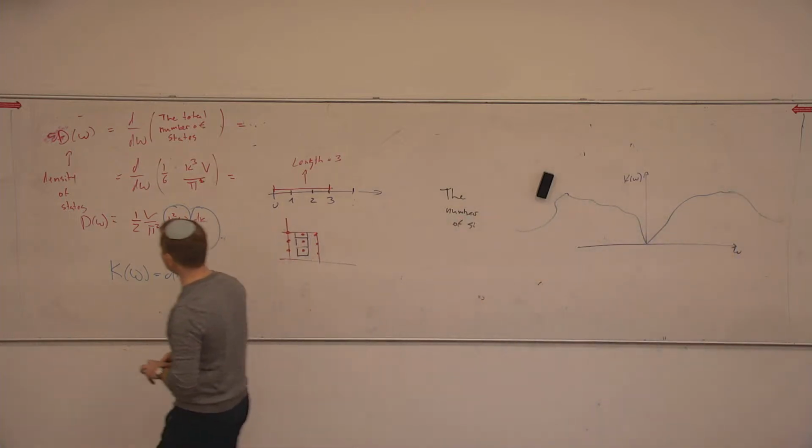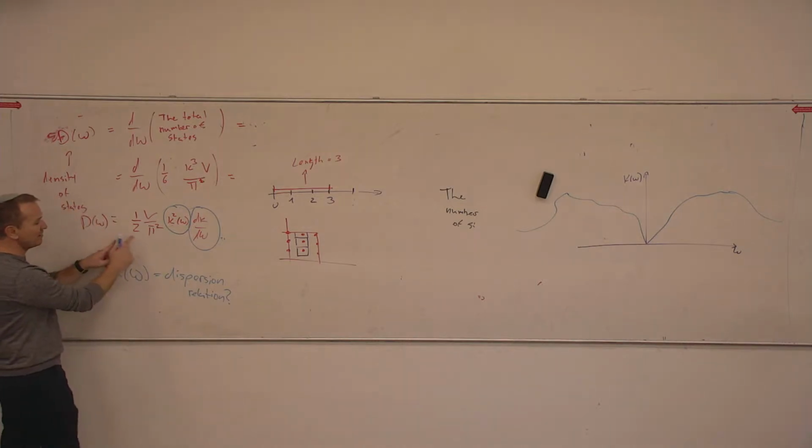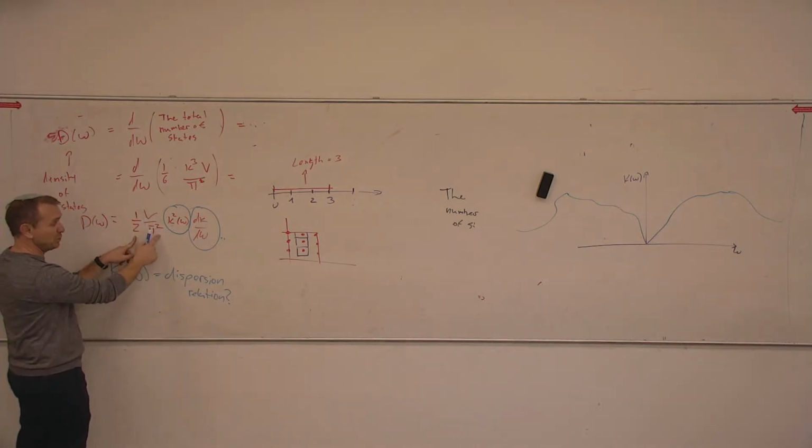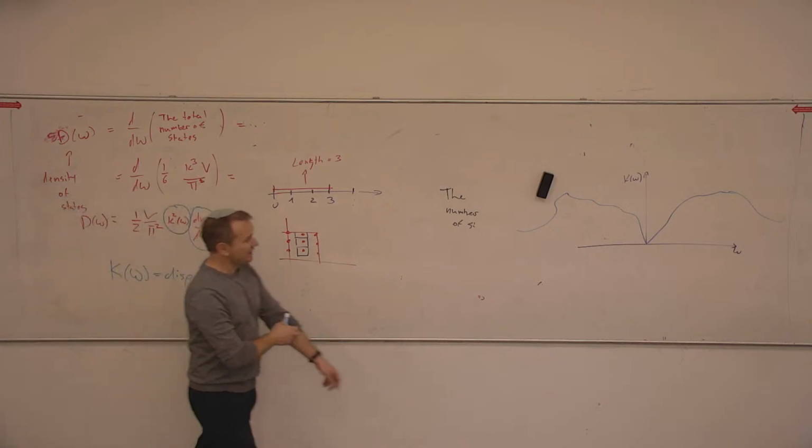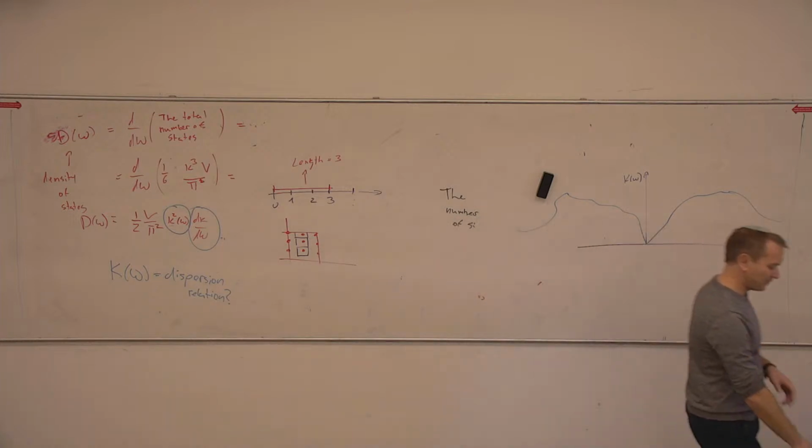So great, we calculated the density, we have a prefactor, we have a volume, we have pi squared, but the crucial part is this dispersion relation that relates the wave vector to the different omegas that are sitting inside the system.